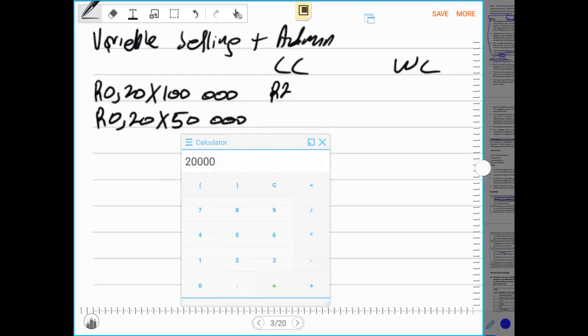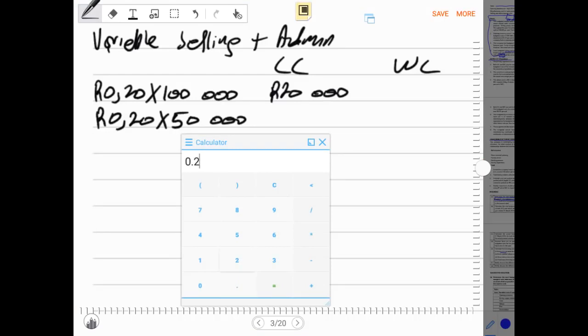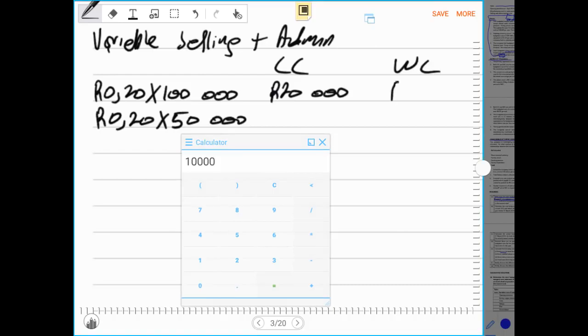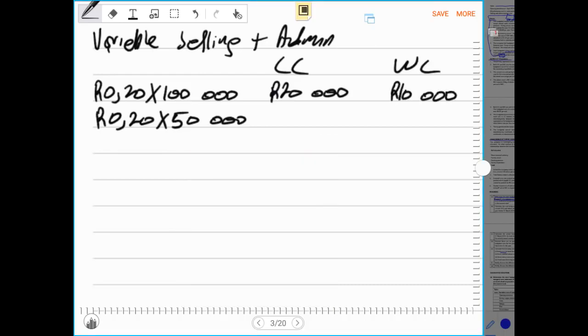This gives us 20,000 rands of the variable selling and admin. Then we say 0.2 times 50,000 units, it gives us 10,000 rands, meaning the variable cost allocated to the two products is 20,000 and 10,000 respectively.